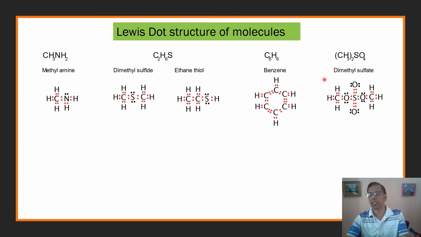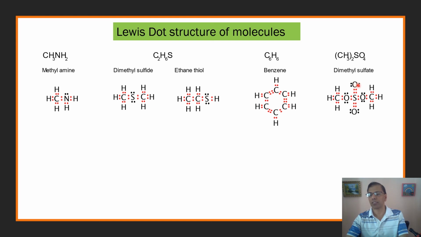Let's look at the example of dimethyl sulfate. In this case, as you're aware, sulfur can expand its valence shell. So you place sulfur in the center and you have carbon right here, and next to the carbon you have 4 atoms, 1, 2, 3, and 4. And oxygen is next to the sulfur.